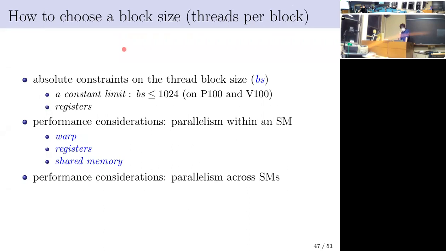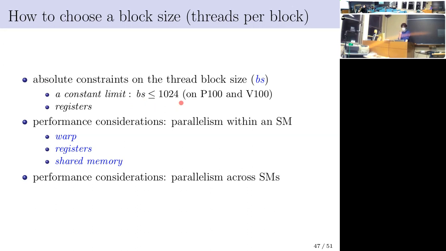Before getting into what is generally good for performance, there are some absolute constraints you always need to adhere to, all performance issues aside. One absolute constraint is that the block size is at most 1024.